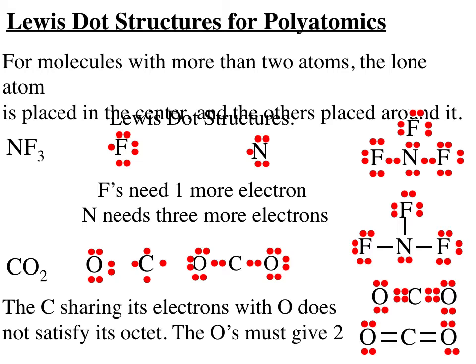The next thing you have to take into account is, are the total valence electrons in the molecule properly represented? 2 O's, each having 6 valence electrons, mean there should be 12 dots from the O's. 1 C with 4 valence electrons means there should be 4 dots from the C. So there should be a total of 4 plus 12, or 16 valence electrons in a correct Lewis dot structure.